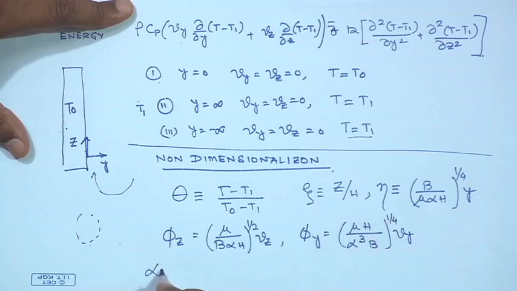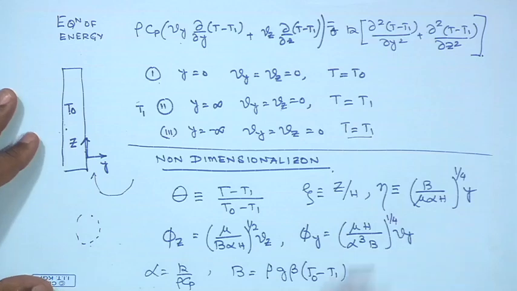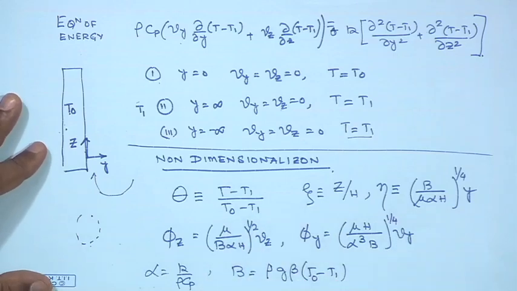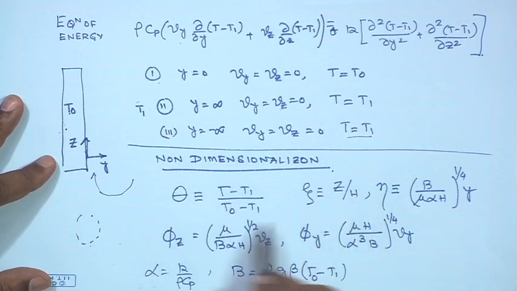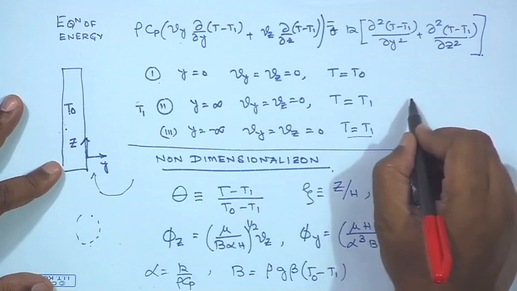Alpha is K by rho Cp, the thermal diffusivity as we have seen before, and B is simply the buoyant force present in the system. These are the different non-dimensionalization parameters which are introduced.